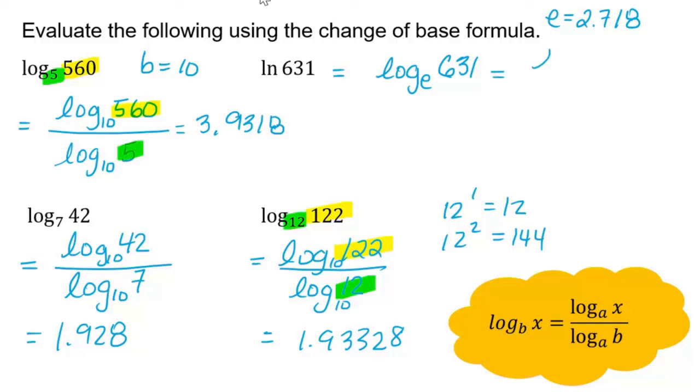All right, so we'll take the logarithm of 631, the original quantity we were asked to take the logarithm of, and divide that by the logarithm of our previous base. In other words, divide that by the logarithm of e. In both cases, we'll evaluate the logarithm to the base 10. You'll find that you get 6.4473.